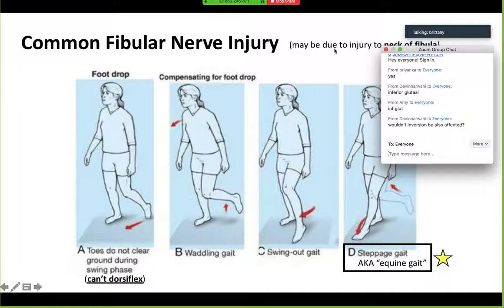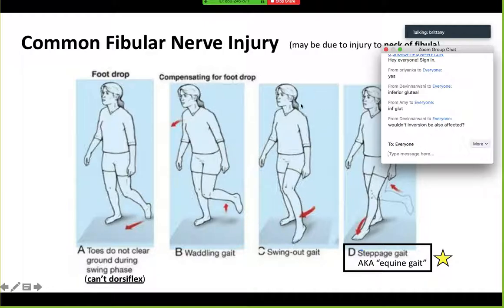Another important thing to understand is where the common fibular nerve wraps around the neck of the fibula. If he shows you an x-ray with a fracture to the neck of the fibula, you need to associate that, or think, oh, the common fibular nerve is probably injured, and then what's going to happen.